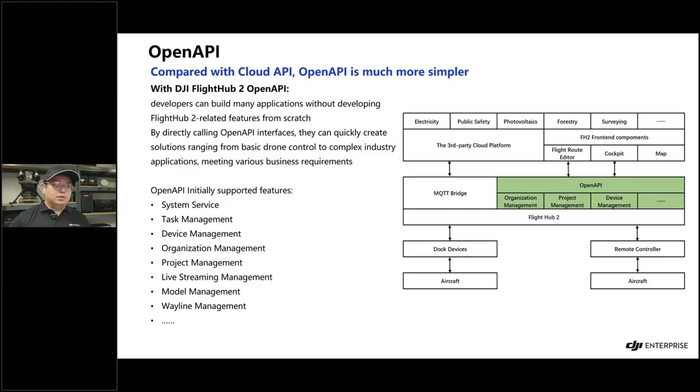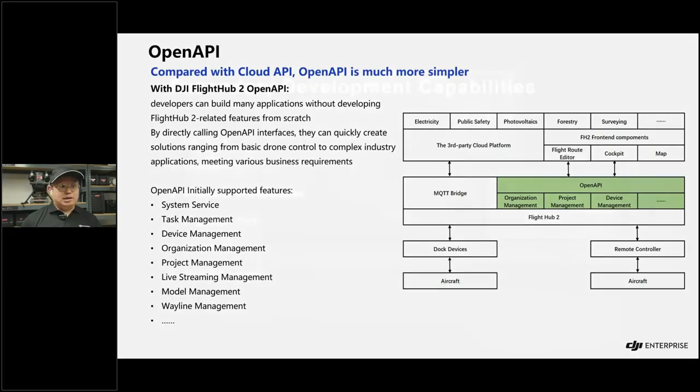These are things we see a lot of third-party developers building their own version of. So instead of having different versions of the same functionality for developers to build, we have this interesting thing.